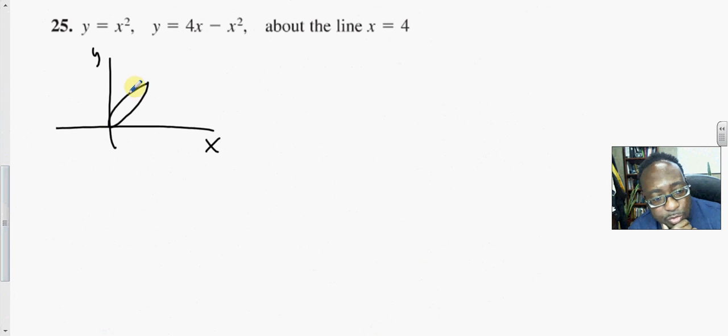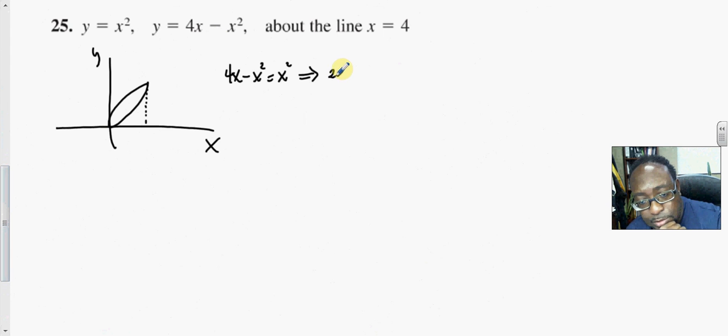Where the two intersect, to find this point here, we set the two equations equal. It seems like we'll keep doing it over and over again. This point here is 2. Problem we've kind of seen a million times, right? 4x minus x squared is equal to x squared. So that implies 2x squared minus 4x equals 0.